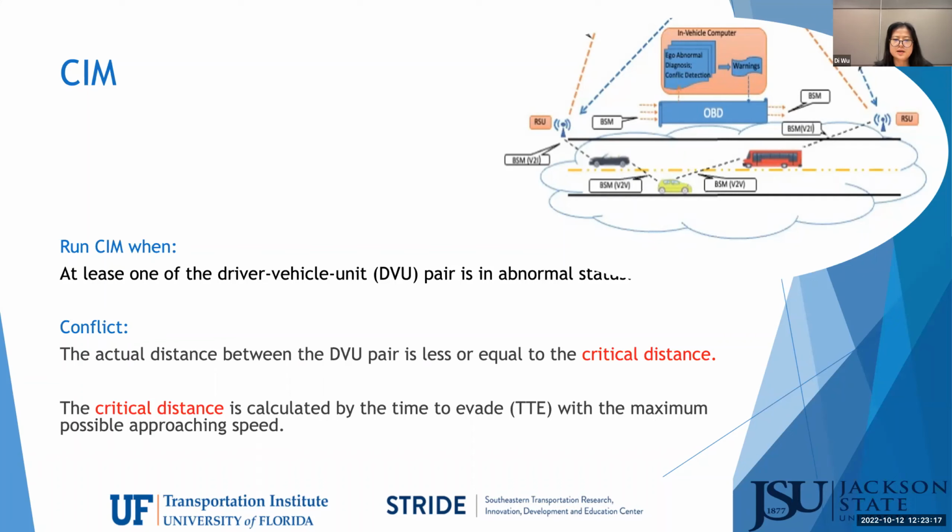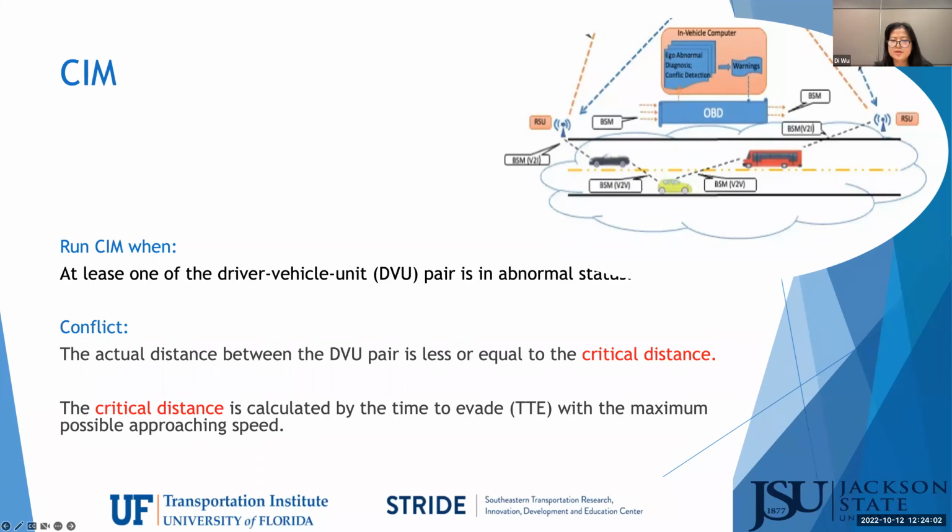As the CVs are constantly receiving the BSMs from the nearby CVs, each will constantly check the nearby CVs against the list of identified abnormal drivers to see if it's risky driving. So the in-vehicle computer will run the CIM when at least one of the drivers, including himself, is in what we call a driver vehicle unit, or DVU, pair.